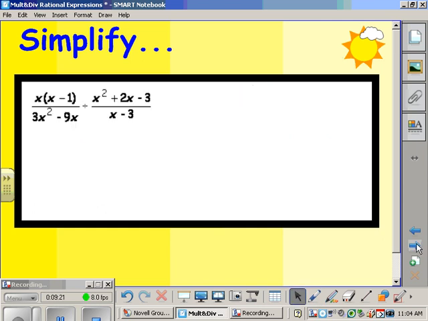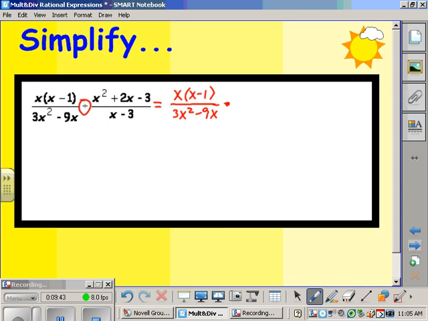Let's take a look at one last example. In this problem here, we want to again look and see, are we multiplying or are we dividing? And it shows a division symbol. So what we want to do is keep our first fraction the same and flip over.